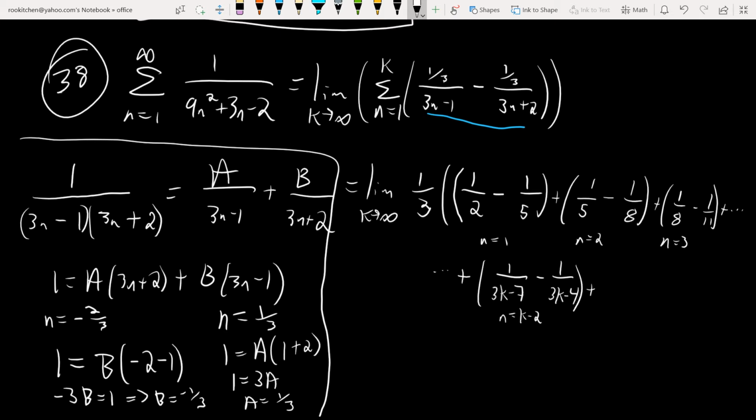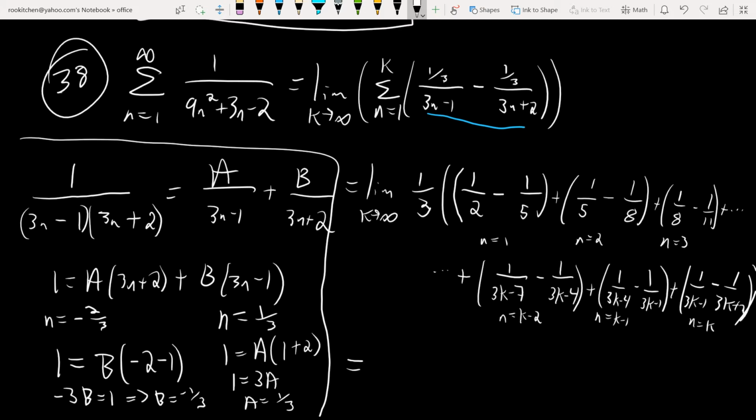And then plus n equals k minus 1, so it'll be 1 all over 3k minus 3 minus 1, so 3k minus 4, and then minus 1 all over 3k minus 3 plus 2, which is just 3k minus 1. And then plus the last guy, which is n equals k, which will be 1 all over 3k minus 1 minus 1 all over 3k plus 2.